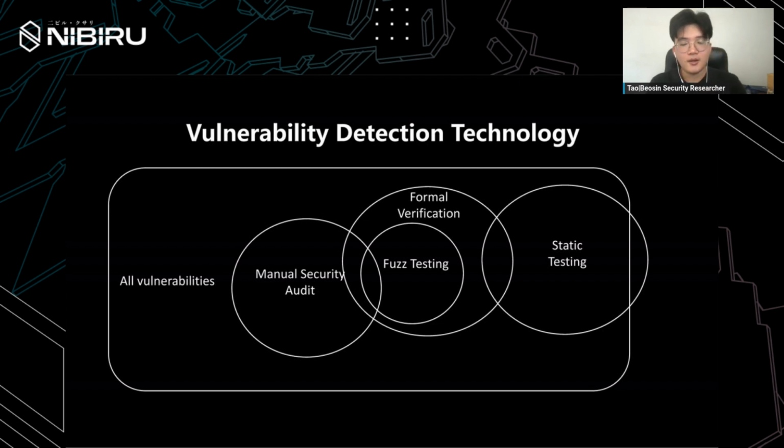Even if we use various testing methods and manual auditing, we cannot guarantee finding all the bugs in the smart contract or claim that it is bug-free. There's still a long way to go if you want to keep your smart contract secure and find as many bugs as possible.